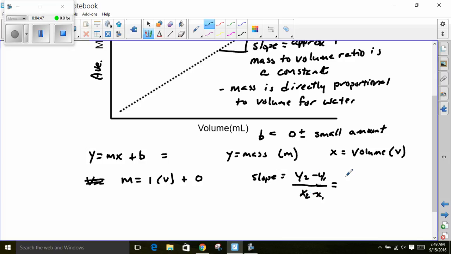So y is going to be in grams, x is going to be in milliliters. So our unit actually becomes mass equals 1 gram per milliliter times volume plus 0. Now y-intercept has a unit of the y-axis, since it is the y-axis, and that would be grams.